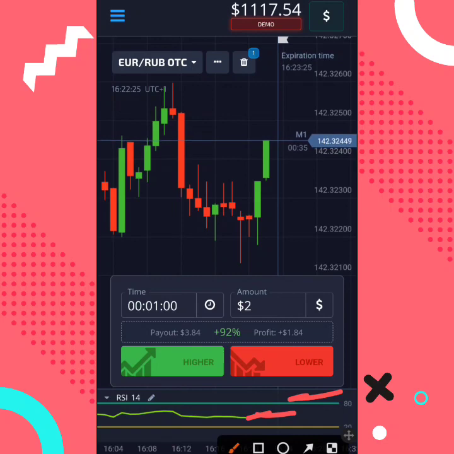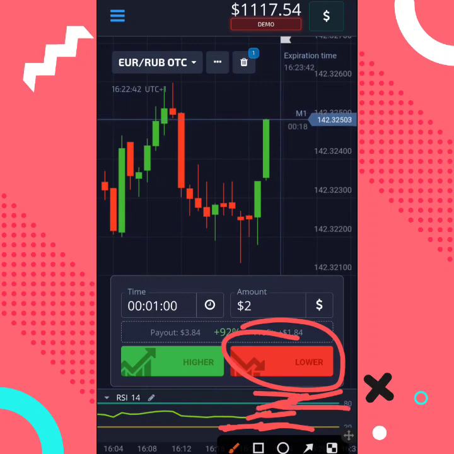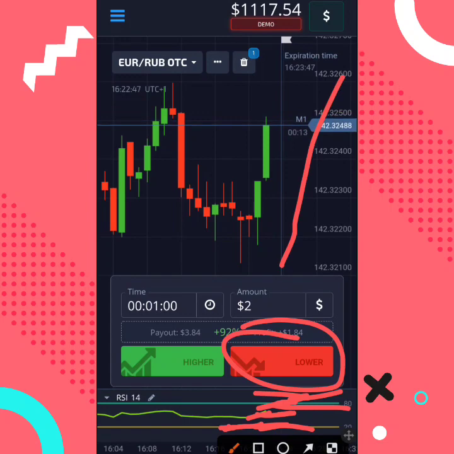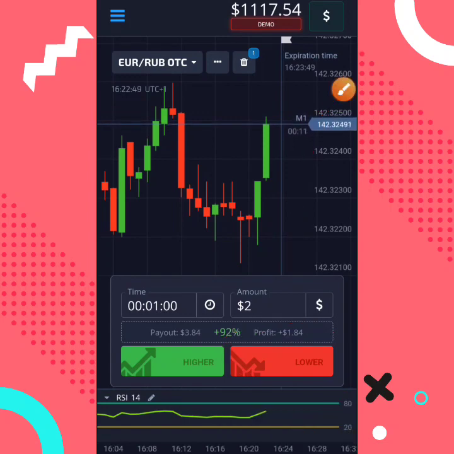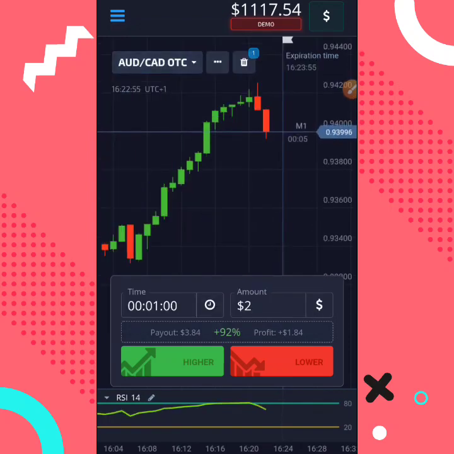So meaning I will have to trade on red. And it's also believed that when the RSI line touches the lower band, that the market is oversold, then the market is about to reverse upward. So that is a general belief of RSI as an indicator that measures strength of the market.